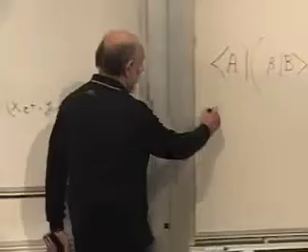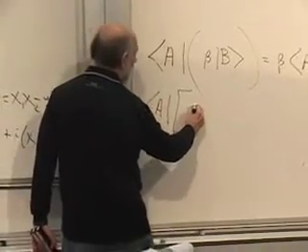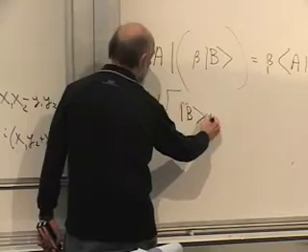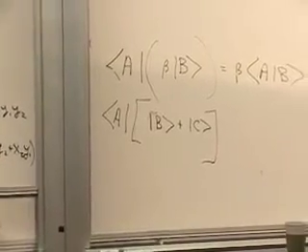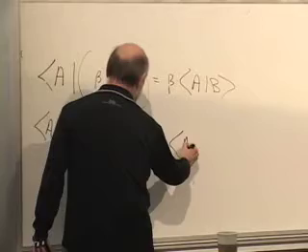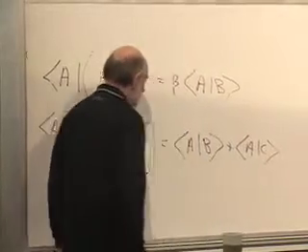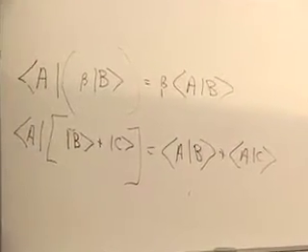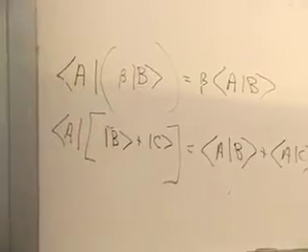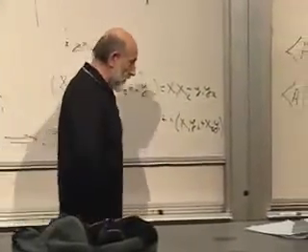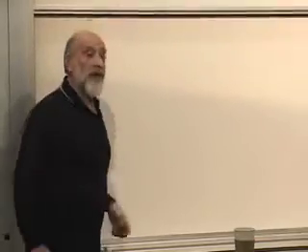Another fact is that if we take the inner product of A with a sum, let's say B plus C, that's just given by A inner product with B plus A inner product with C. The mathematical language is that the inner product is a linear operation on B. These are all properties that ordinary dot products between vectors have, and they're properties that you can check for the inner products between more abstract vectors if I give you the rule.